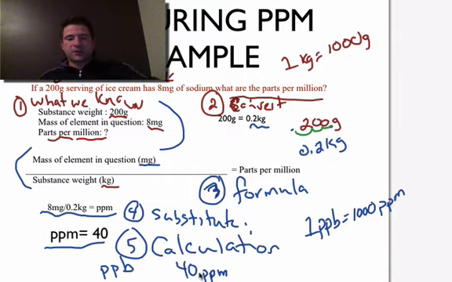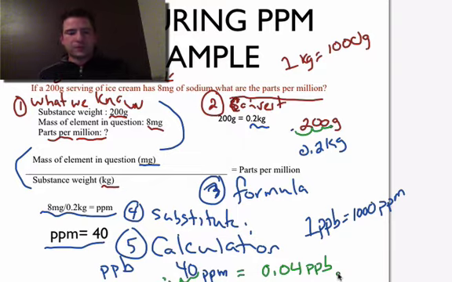I'm going to do the same thing to determine parts per billion. So I'm going to go 1, 2, 3 decimal places. What it actually equals is 0.04 parts per billion. So 40 parts per million is that many parts per billion. Okay, so that's one example.